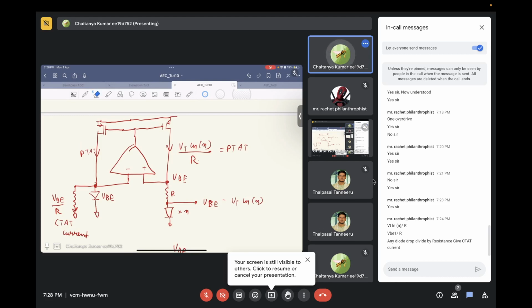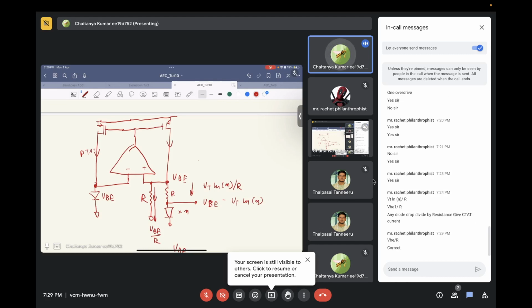Or if we have the resistance over here. Let's say we put the resistance over here, this R value. Now, what will be the current in this? This will be your VT ln N by R. The current in this will be VBE by R. Correct?